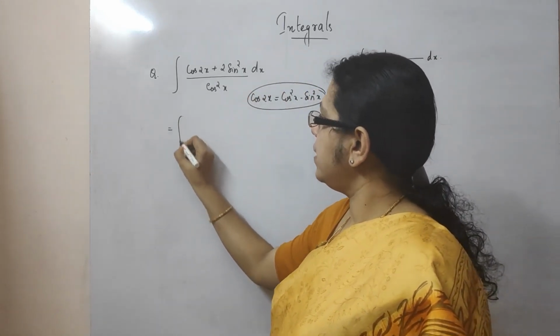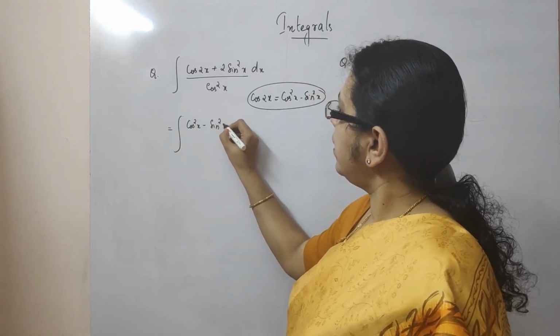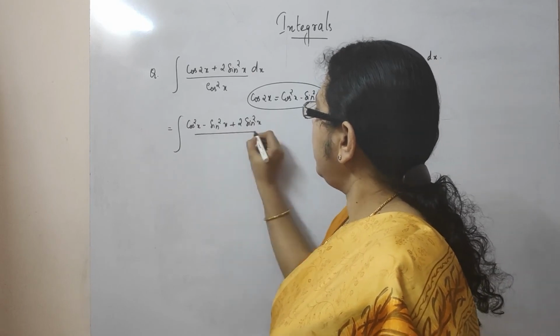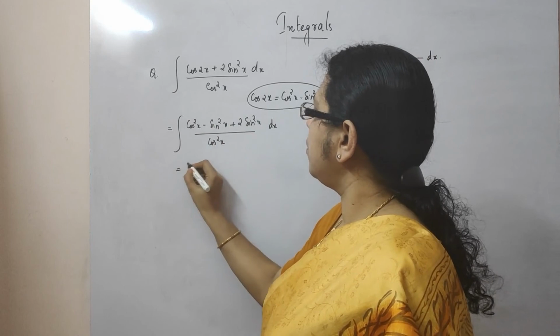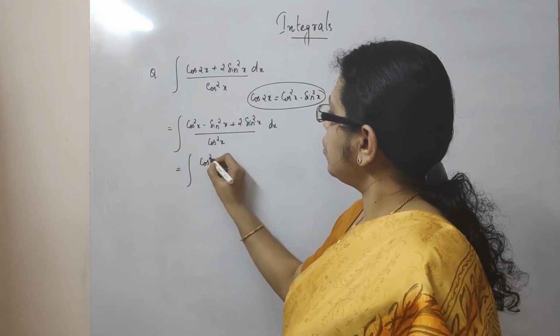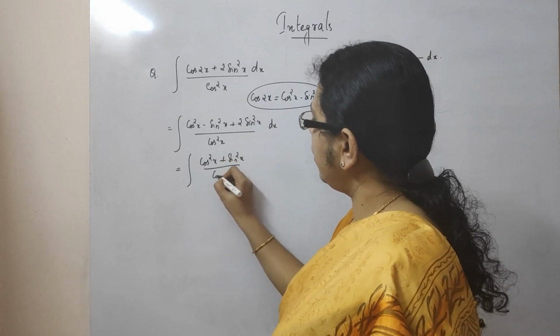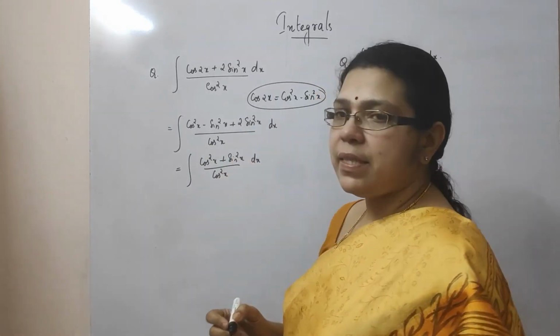I get this as integral of cos squared x minus sine squared x plus 2 sine square x by cos square x into dx. Now, this is equal to integral of cos squared x plus sine square x by cos squared x, because when you simplify, you get it as sine square x.